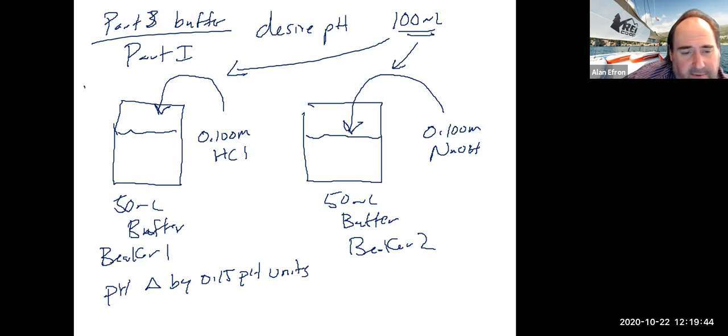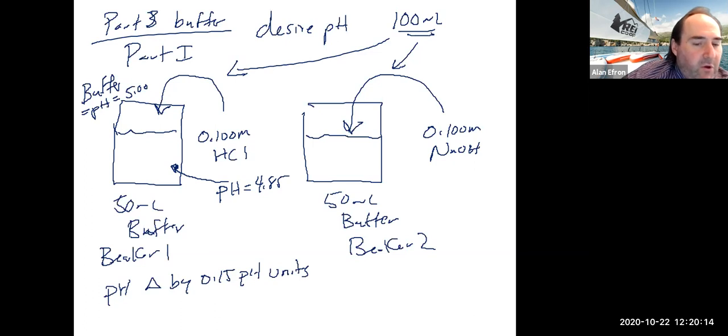For example, if your buffer started at a pH of 5, when you add the acid, you hopefully should know the pH should go down, yes? So it should go down by 0.15 units, which means after you add your acid, you want the pH of this solution, in my example, to be 4.85. The goal is to figure out how much you need to add.